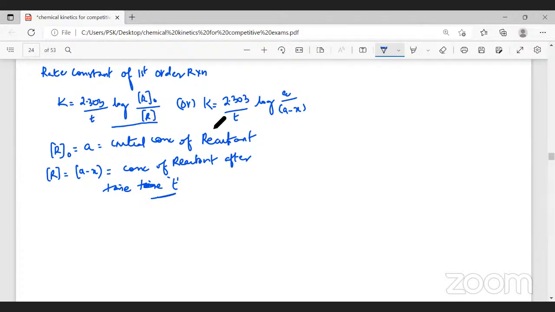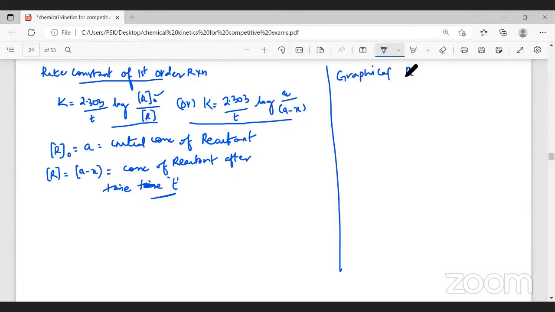Any one of these representations can be used, but NCERT uses this representation. Now what we're talking about is the graphical representation of a first order reaction.